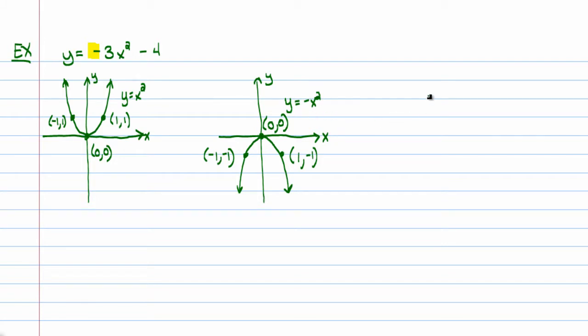The next thing, reading again from left to right, I'm going to attach the 3, which means everything gets 3 times as tall. So here's my x-axis, here's my y-axis. And everything gets stretched by a factor of 3. So this point that was at a height of negative 1 is going to be at a height of negative 3. This point that was at a height of negative 1 will be at a height of negative 3 as well.